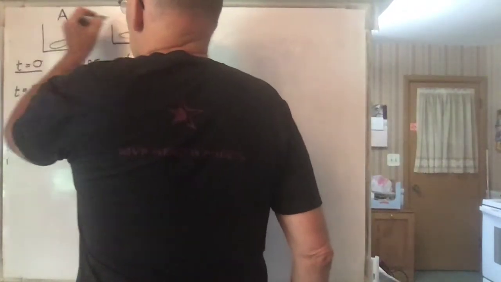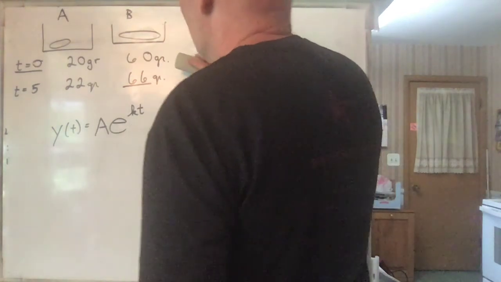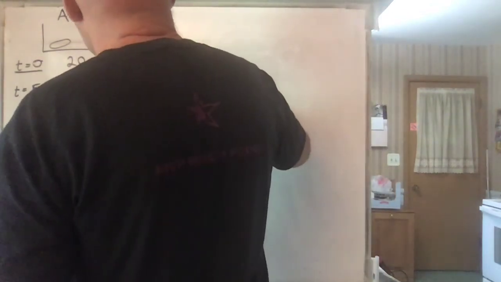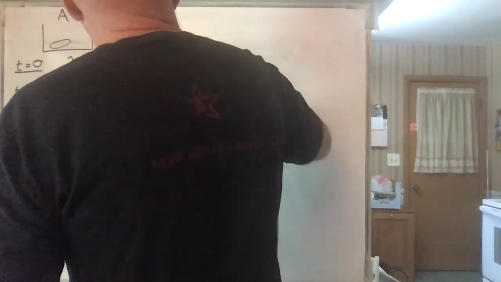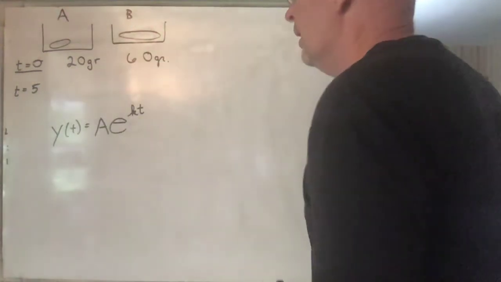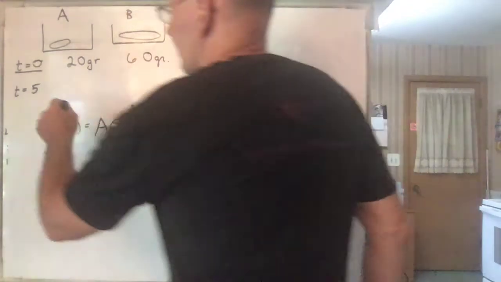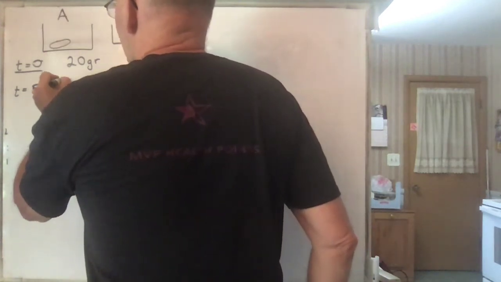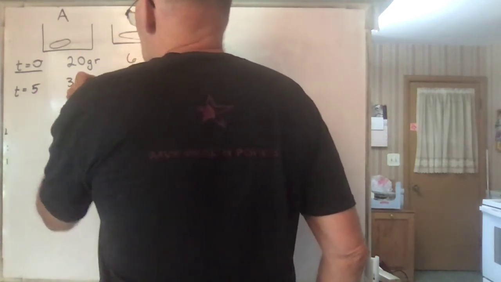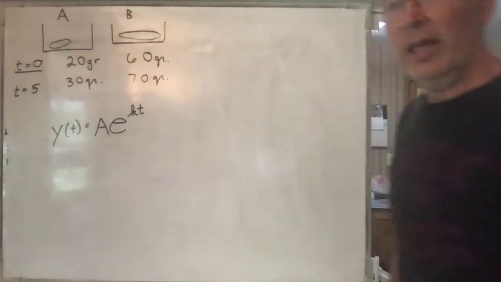Okay? So let's now change this a little bit. Let's say that you have 2 different kinds of bacteria, and so now they have different rates of growth. And so let's say that at time equal to 0, they start out at 20 and 60. And now because you have different rates of growth, let's say that at time equal to 5, this one has grown to 30, and this one, say, has grown to 70. Okay?